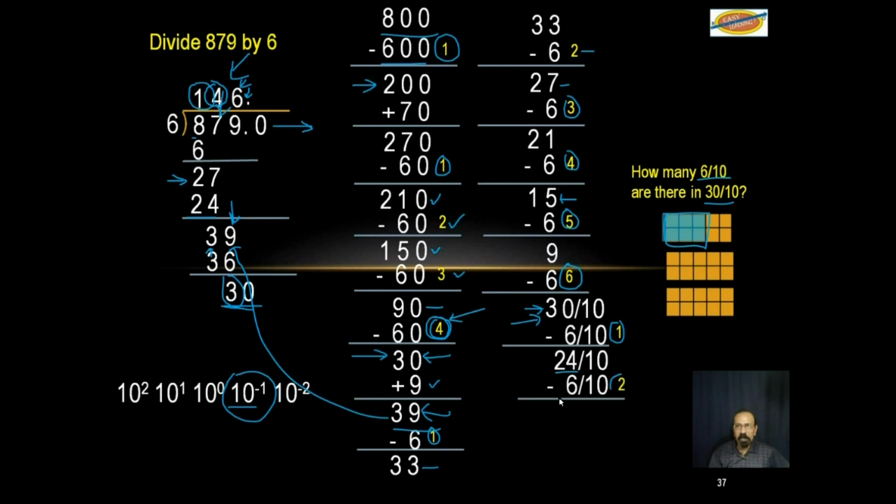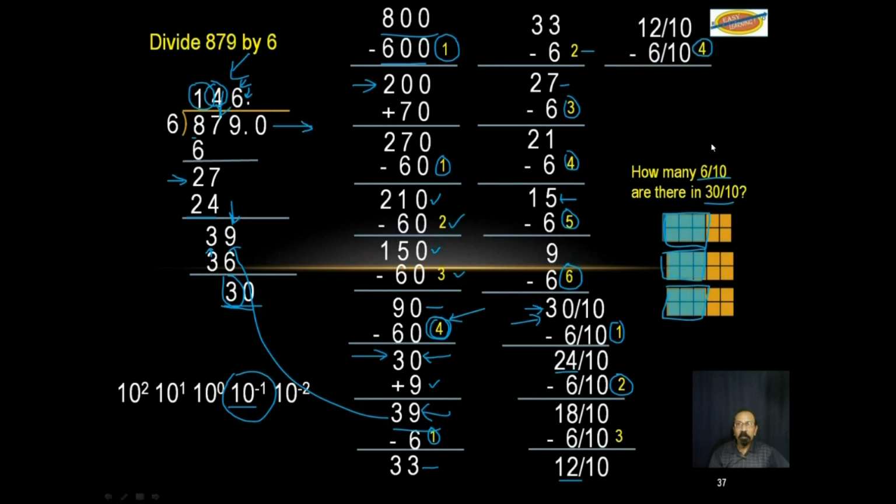Then we try it a second time, another 6/10, that is this one. And then we now have 18/10ths. Can we subtract another 6/10 from that? Yes. We subtract another 6/10 from that, and we now have 12/10ths. Can we subtract another 6/10 from that? Yes. Up here, a fourth time.